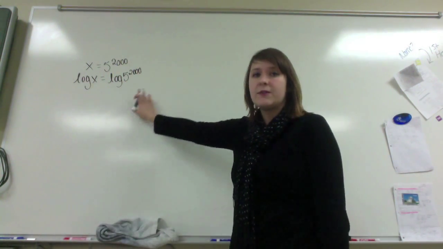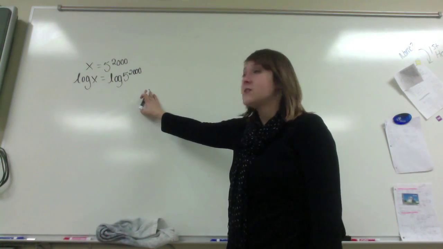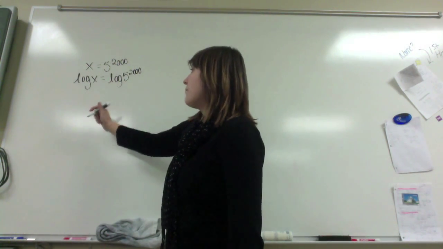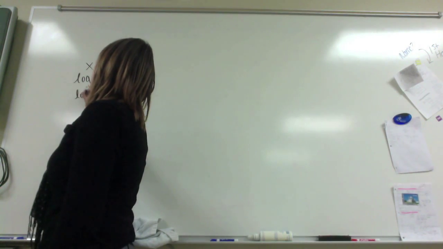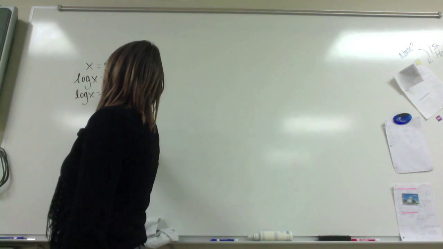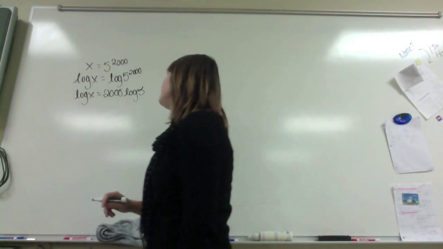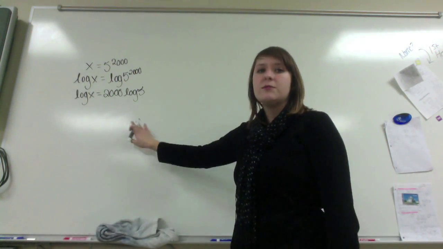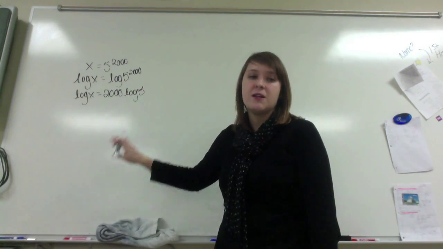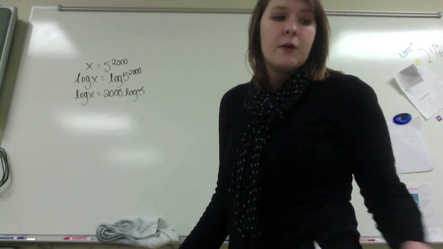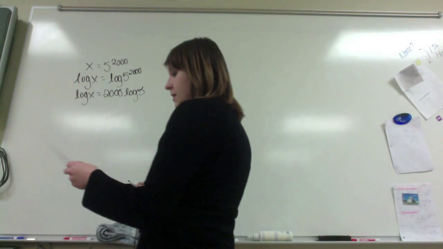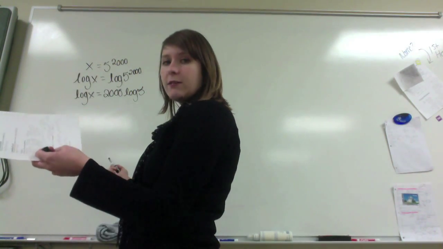Then you'll notice that since that's a logarithm, now I can move that power down to the front. So I'll have log of x equals 2,000 times the log of 5. Now 2,000 times the log of 5, I can plug into my calculator, and I get 1397.94.